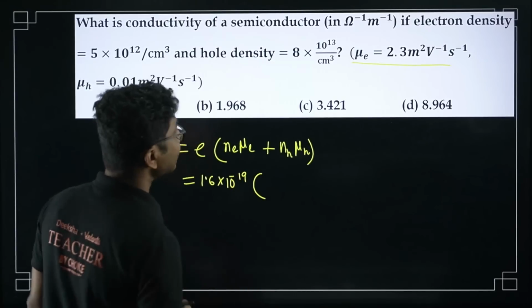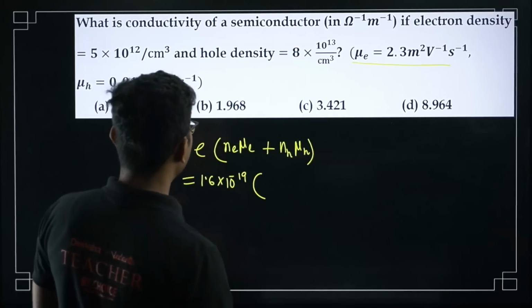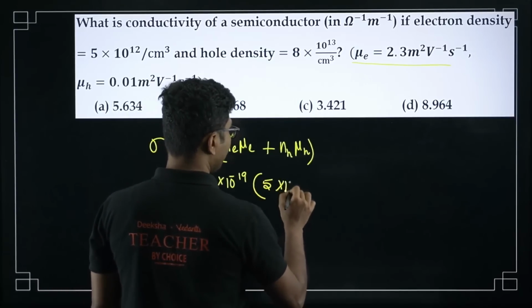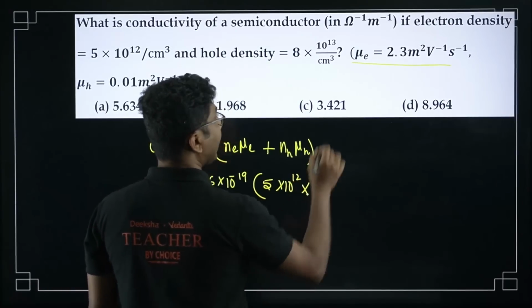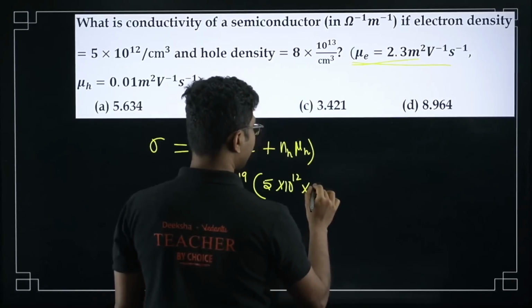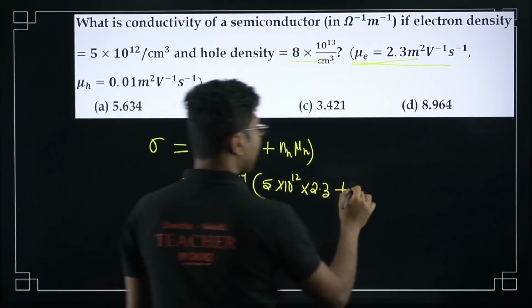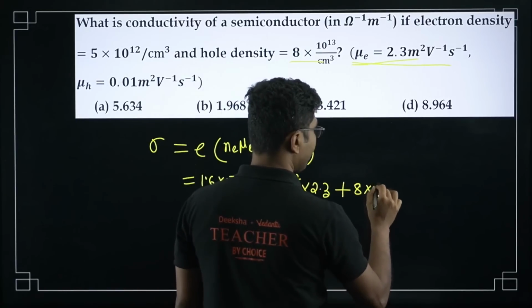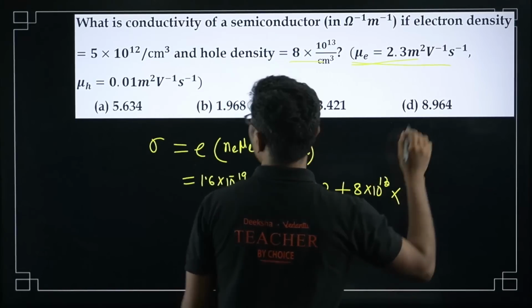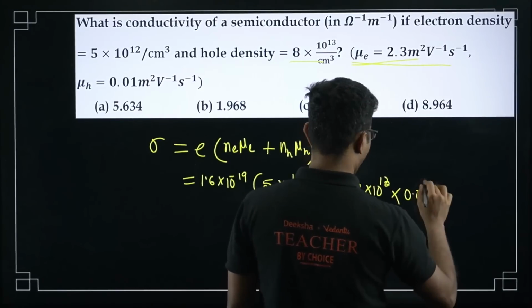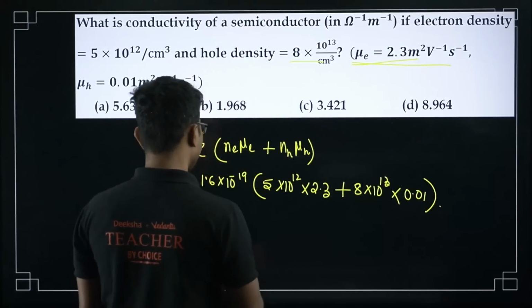Number density of electron is given by 5 into 10 to the power of 12 and mobility of electron is 2.3 plus hole density is given by 8 into 10 to the power of 13 and mobility of hole is given by 0.01. Okay, now let's simplify this.